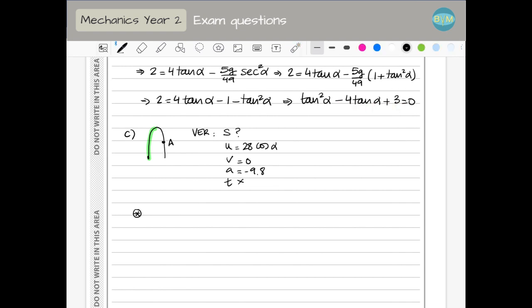If we factorize, we have tan alpha minus 3 and then tan alpha minus 1 equal to 0, which means tan alpha is 3 or tan alpha is 1. We do tan minus 1 with the calculator, and this gives us an angle of 71.56 degrees, and this one an angle of 45 degrees.